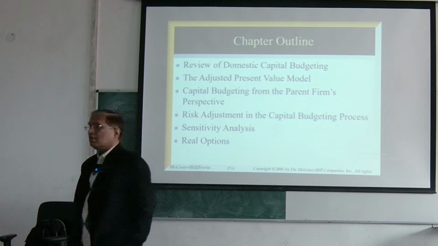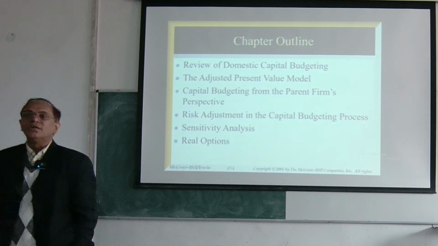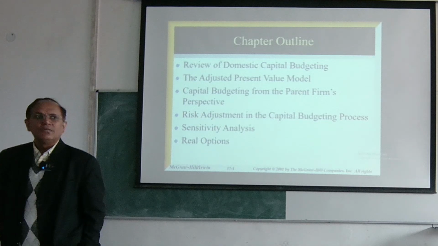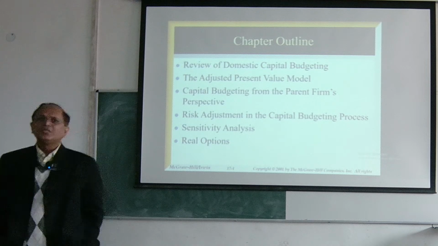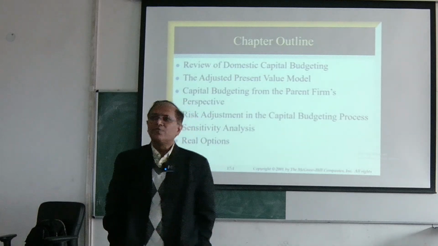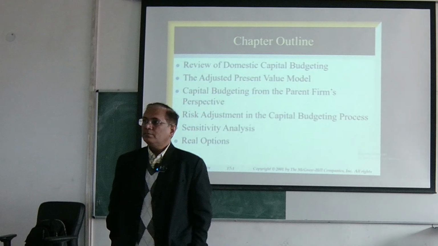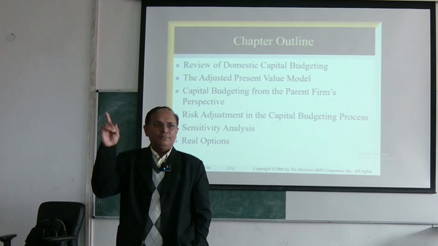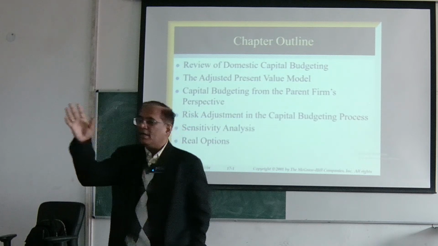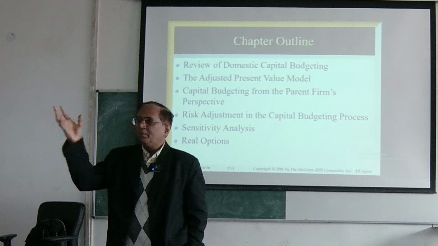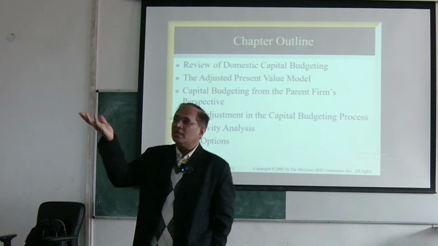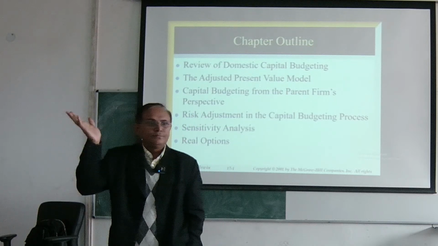What is that? In NPV, you use one particular discounting rate. What are the 3 pieces of information in your NPV method? Information number 1, you require a cash flow, both outflow and inflow, for a given period of time. So first you need to know the economic life, a particular life, like if it is a project, or if it is a going-concern business, infinite life could be there.